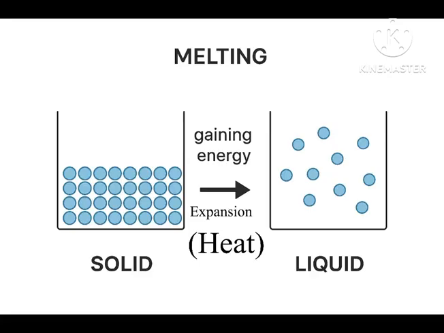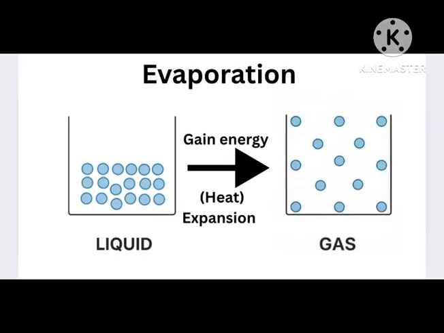Since particles need more space as they are moving, जो वो move कर रहे होते हैं उनको ज़्यादा space चाहिए होती है and this increases the volume. This increase in volume of a substance on heating is called expansion. Now we have evaporation.